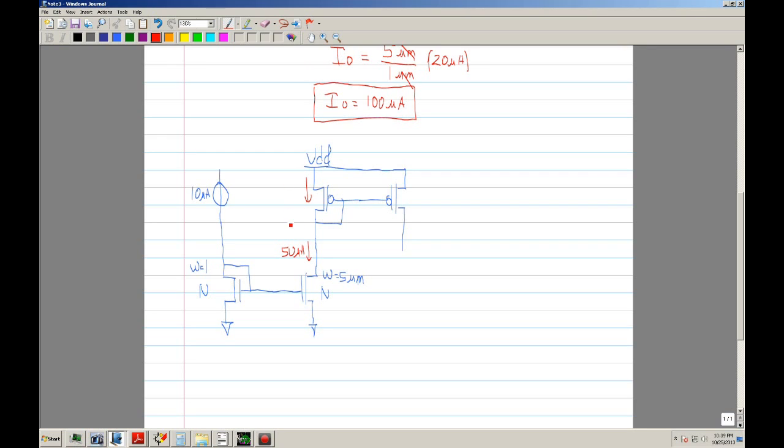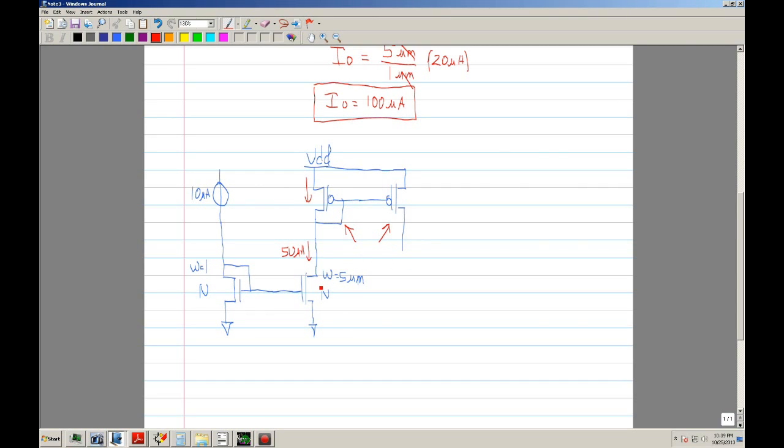Okay, and one thing that I wanted to point out is that you can also have a P channel current mirror. So here's your gate drain connected MOSFET, and here's your mirror.